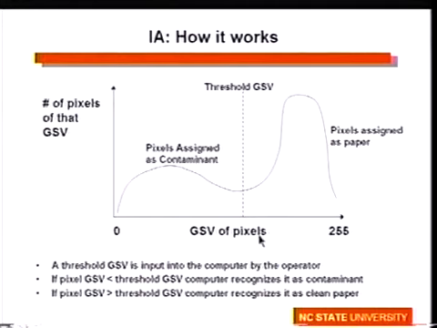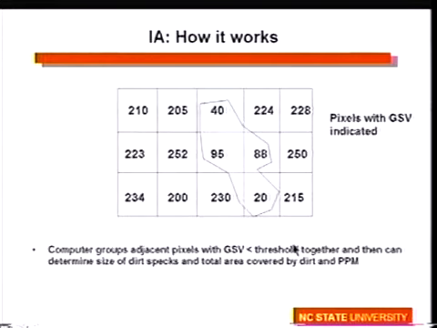So let's go on. Once the computer has this grayscale value, one way or the other, it goes back to its image. And what it does is any pixels with grayscale value less than the threshold that are adjacent, touching each other, the computer will put together as the size of a dirt speck.